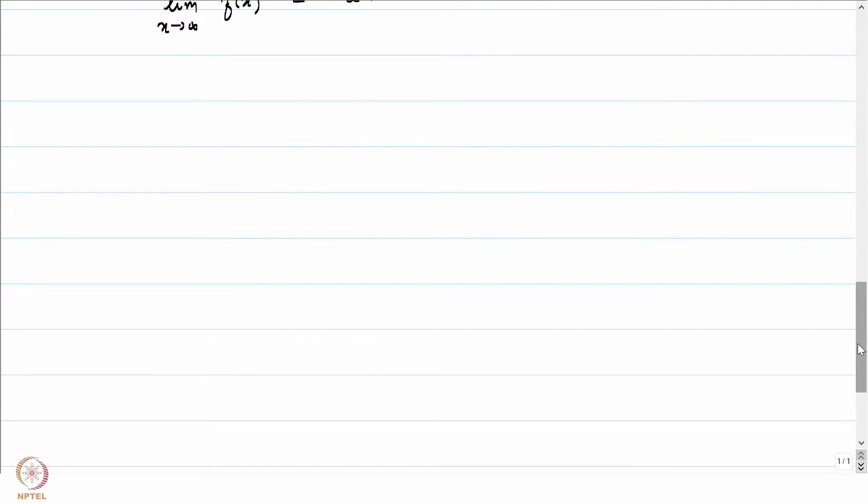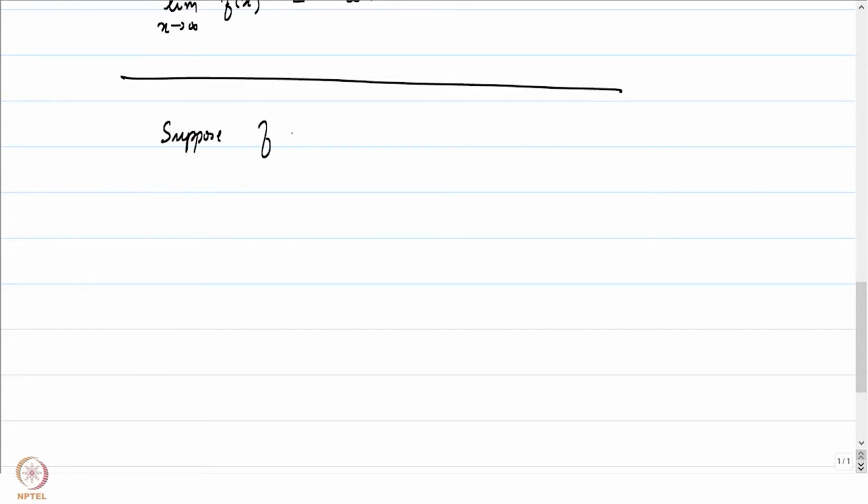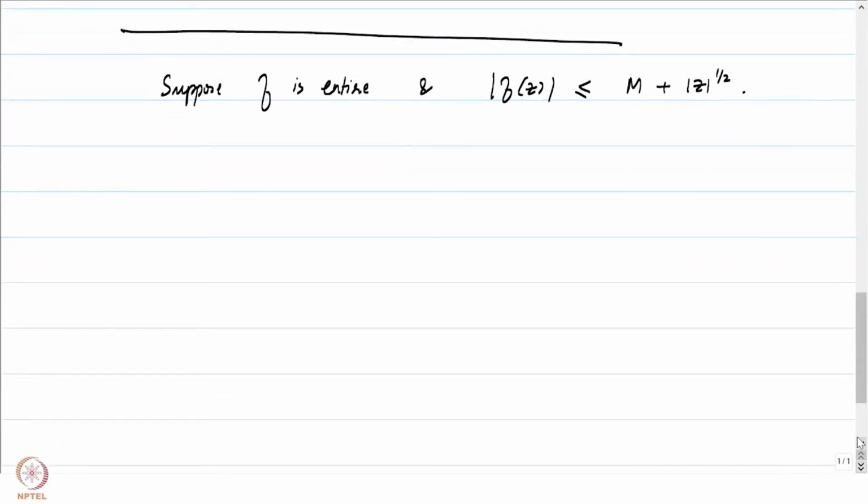But suppose f is an entire function, holomorphic on the entire complex plane, and instead of bounded at every point, let me just assume that it has a growth of M plus mod z to the power 1 by 2. The 1 by 2 could be replaced by any number less than 1, it would still work, but let me just stick to 1 by 2 right now. My claim is that all functions with this growth condition are also going to be constant.